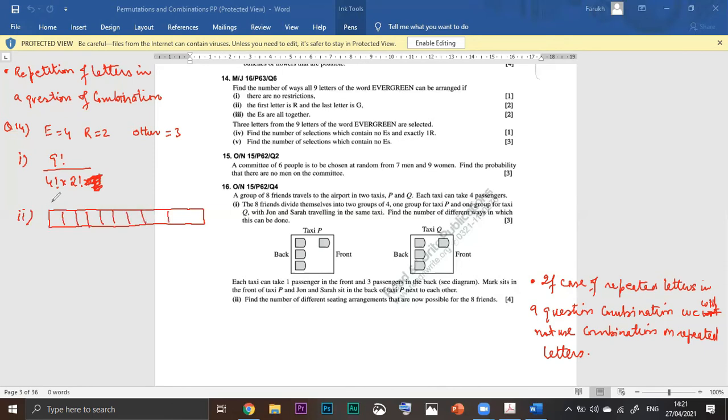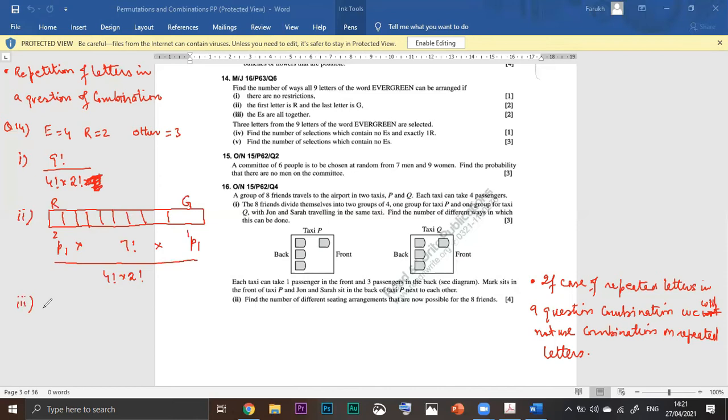The first letter is R and the last letter is G. How many R's do we have? 2. So 2P1, 1P1 into 7 factorial, divided by 4 factorial into 2 factorial.